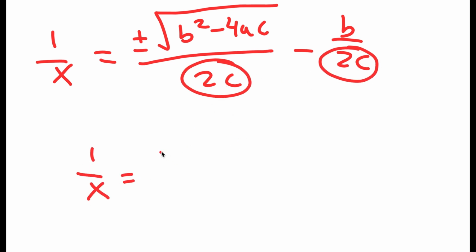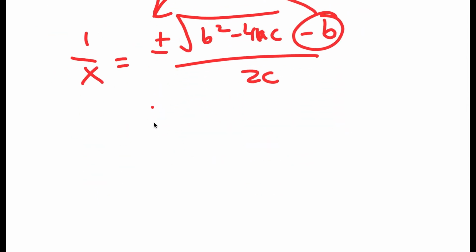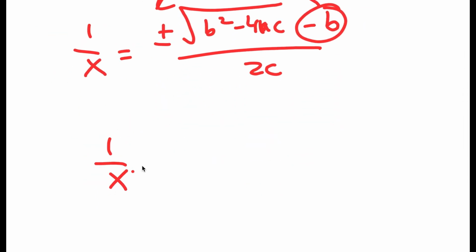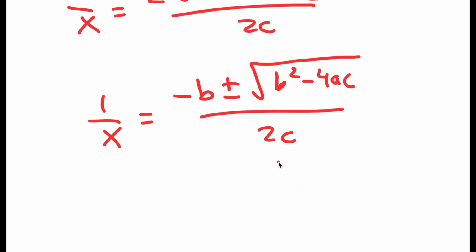So I get 1 over x is equal to positive or negative square root of b squared minus 4ac minus b over 2c. And if I move the negative b to the front, I get 1 over x is equal to negative b plus or minus the square root of b squared minus 4ac all over 2c.